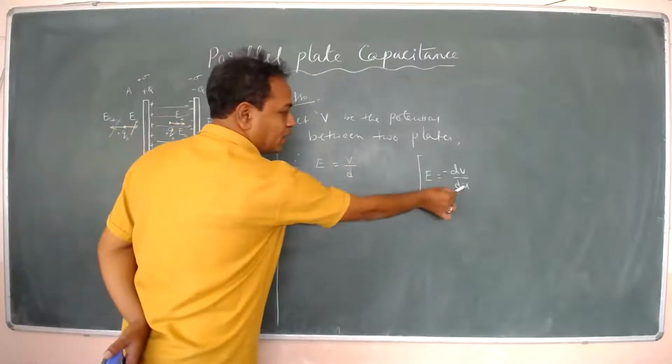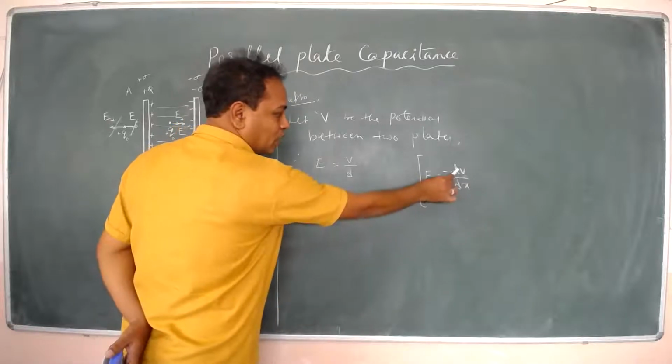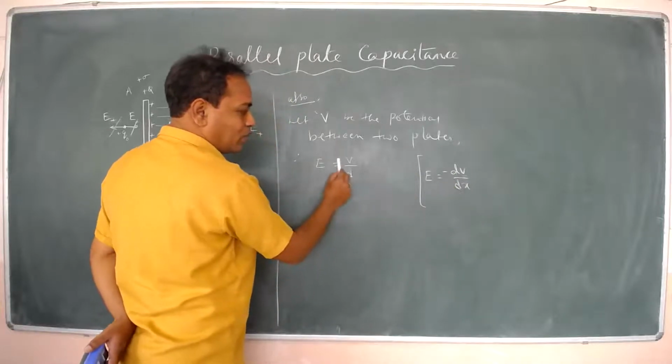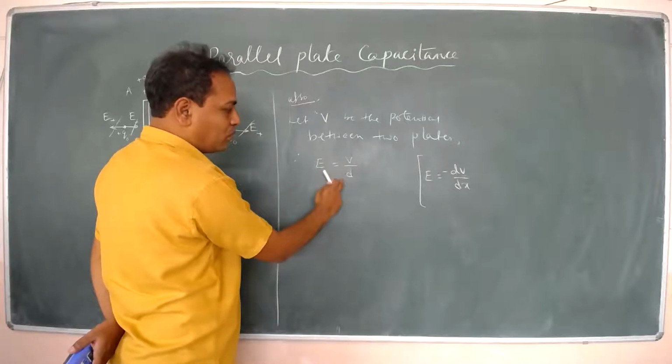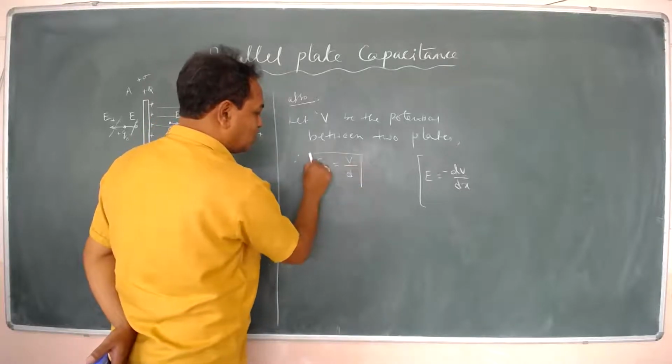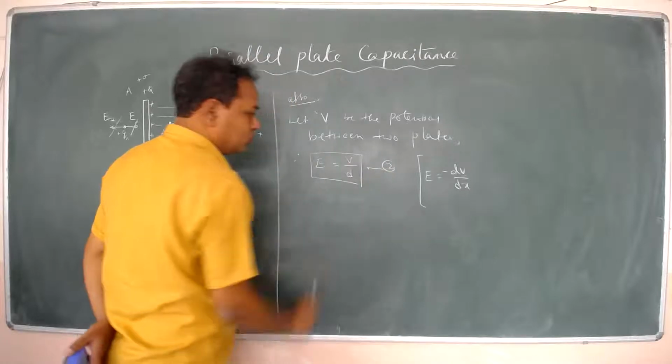Here I am not taking the minus, I am taking the magnitude. So E is equal to V by D. Say this as equation 2.